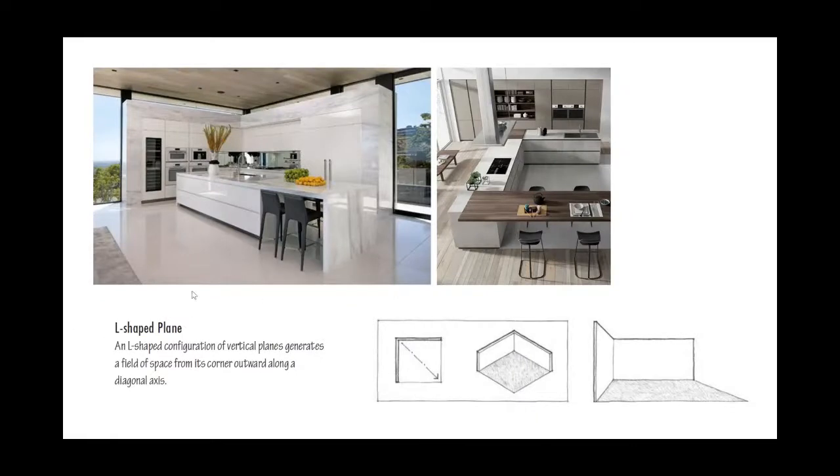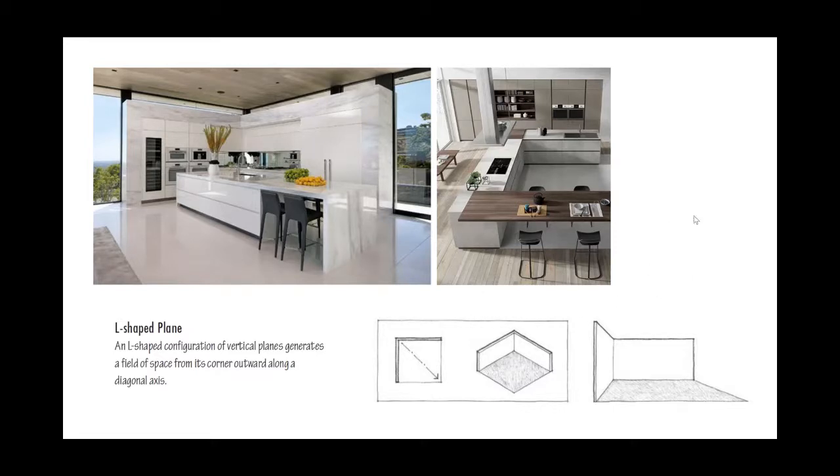So you have your L-shaped plane. An L-shaped configuration of vertical planes generates a field of space from its corner, outward along a diagonal axis. Here you have your L-shaped plane in relation to this kitchen wall. This plane encloses the space. This is your general field, and it is accentuated with windows on each end.